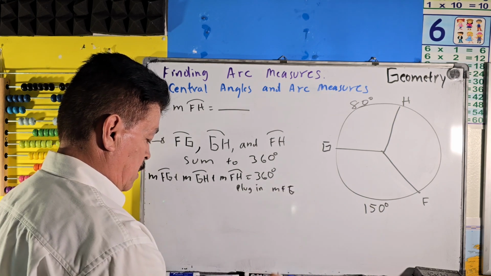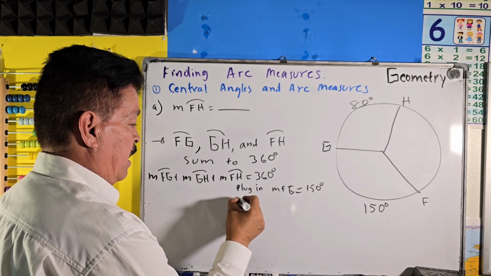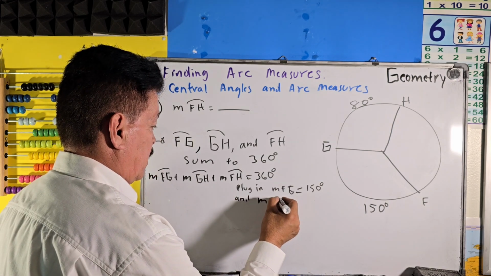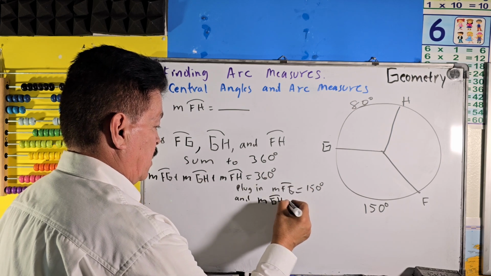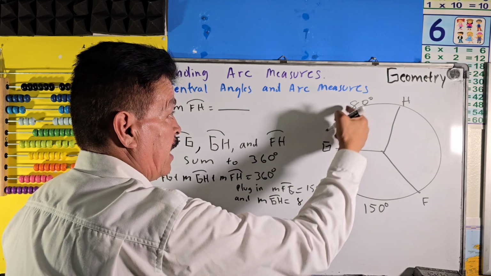Next is to plug in the measure of FG equals 150 degrees, and the measure of GH equals 80 degrees.